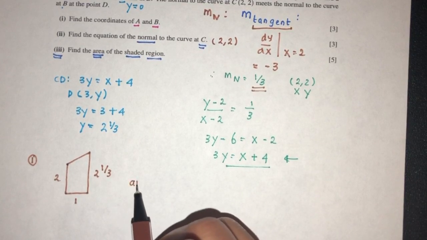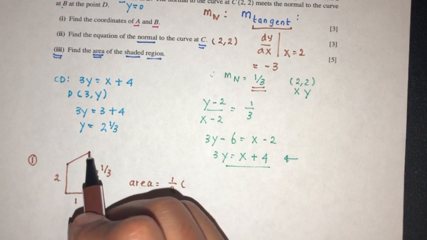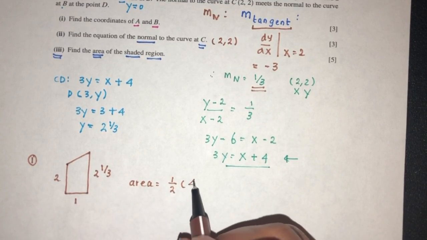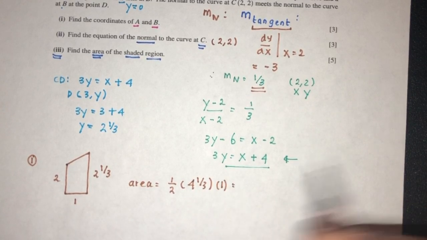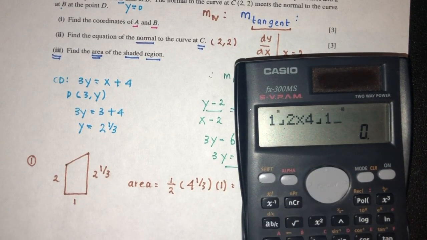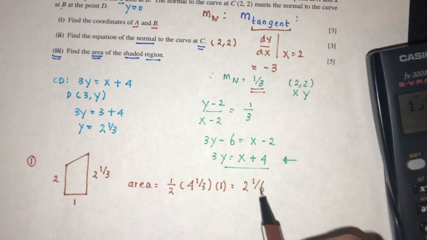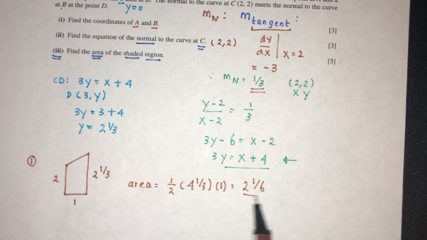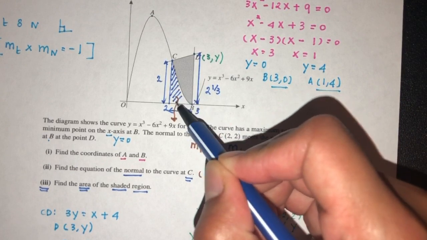So the area of a trapezium is half times the sum of the parallel sides, that should be 4 1/3, times the length in between, that should be times 1. So half times 4 1/3 times 1, that should be 2 1/6. This is the area of the whole thing. So now we have to minus the area under the curve that we don't need, right? And this is done by using integration.